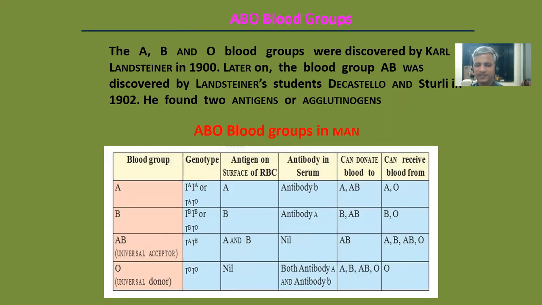So it is called RH factor, also called D antigen. The person having RH factor, that is D antigen, is called RH positive, and those who don't have D antigen are called RH negative persons.